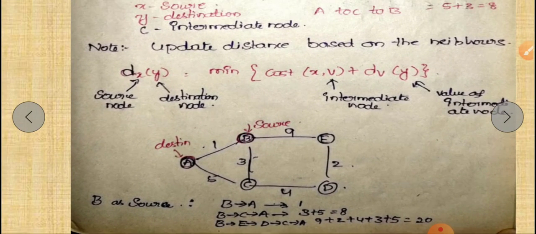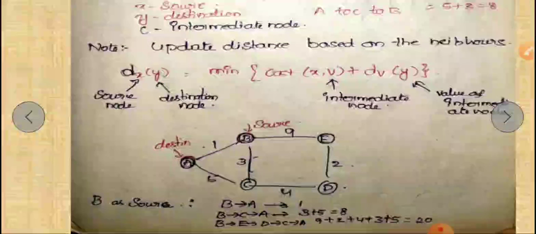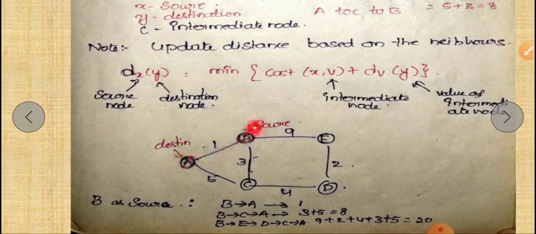B to A, what is the value you are getting? 1. B to C and C to A, what is the value? 3 plus 5, which is 8. From the source B to the destination A we have two paths, and one more path is also present: B to E, E to D, D to C and C to A. So what is the total cost?